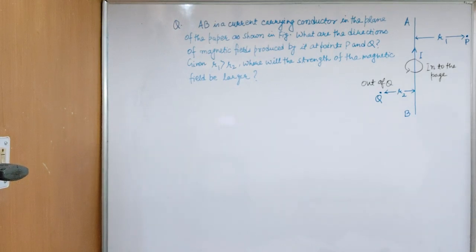So you will write that the strength of magnetic field is larger at the point located closer to it, that is Q.